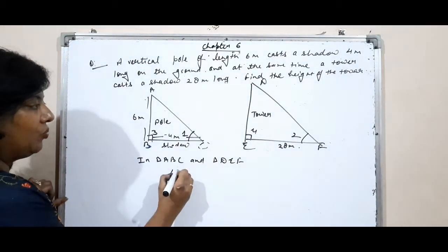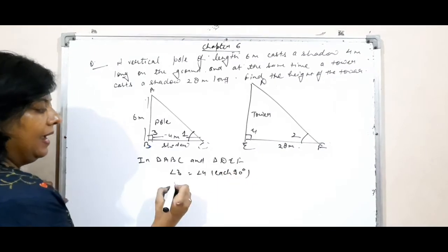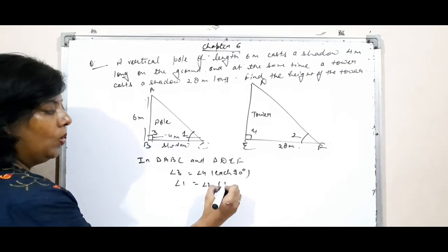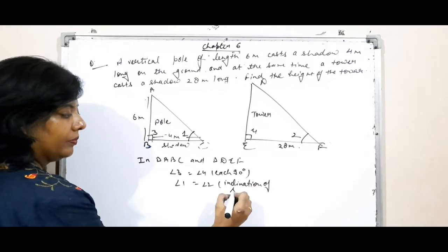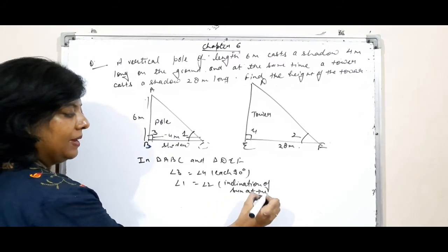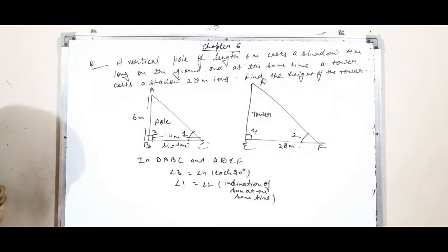Angle 3 equals to angle 4, each 90 degree. Angle 1 equals to angle 2. Inclination of sun at the same time is same.